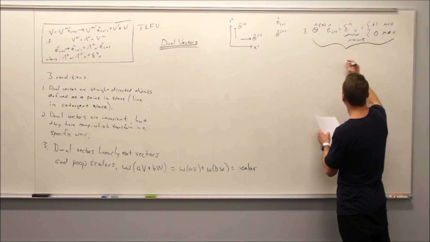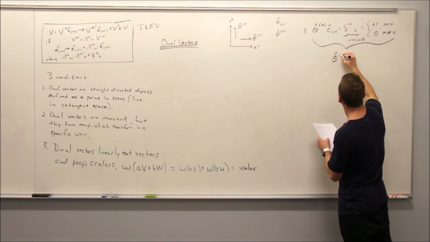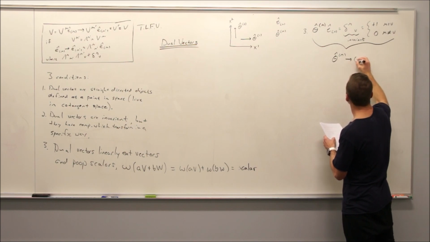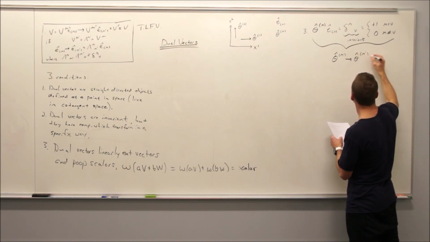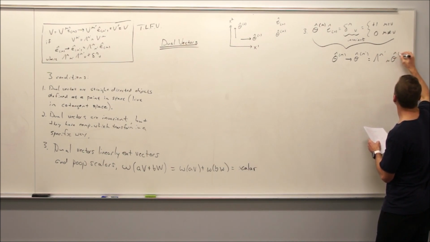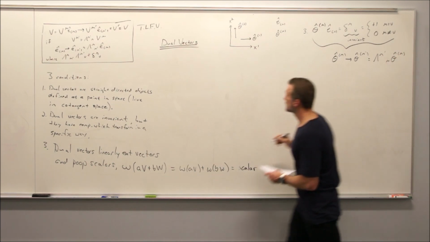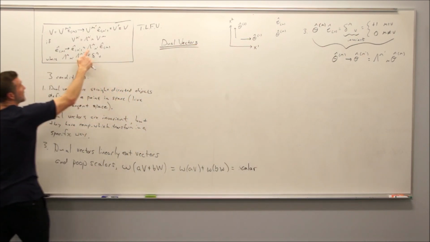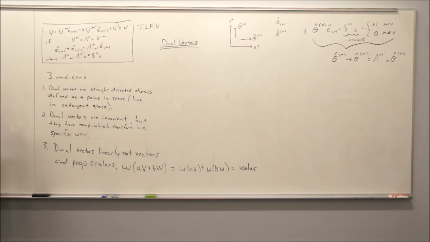So at the end of the day, what we find is that our basis dual vectors transform with a transformation matrix that is the inverse of the transformation matrix that we use to transform the vector basis.